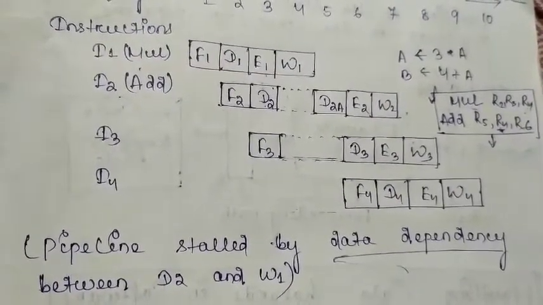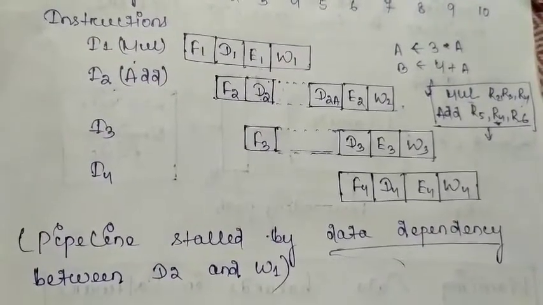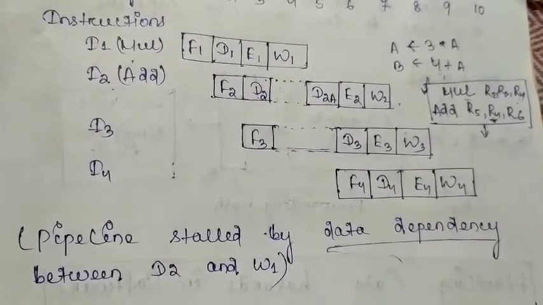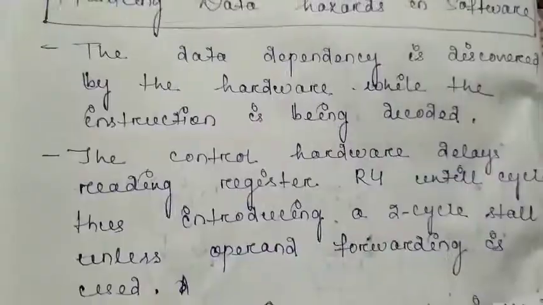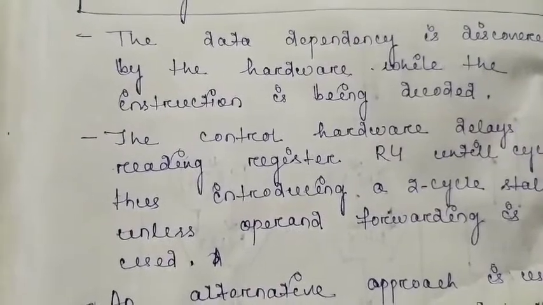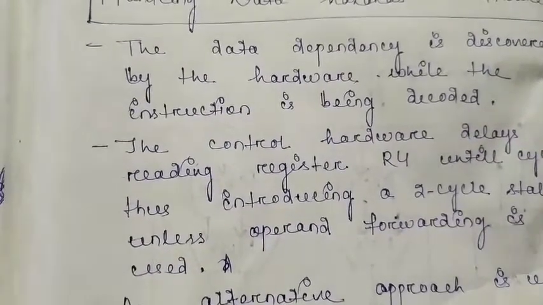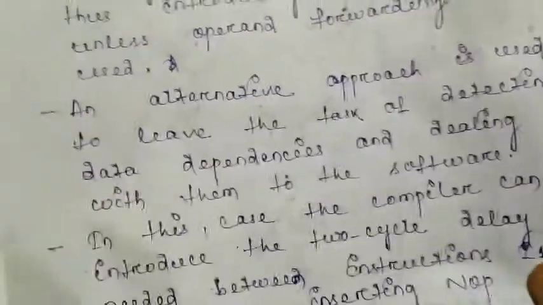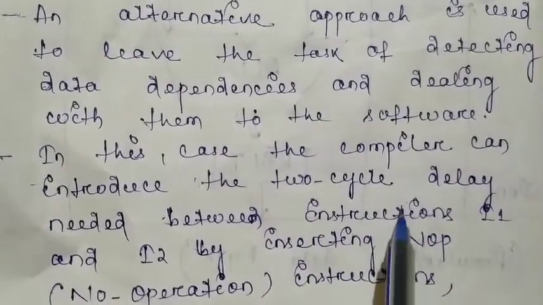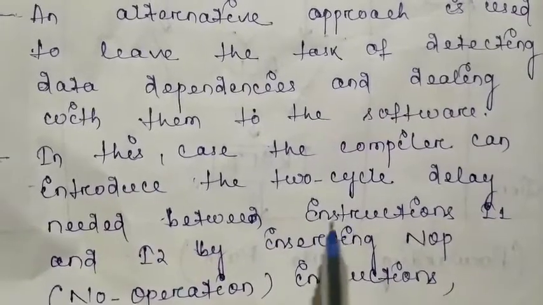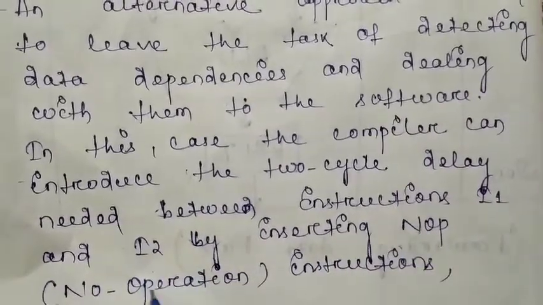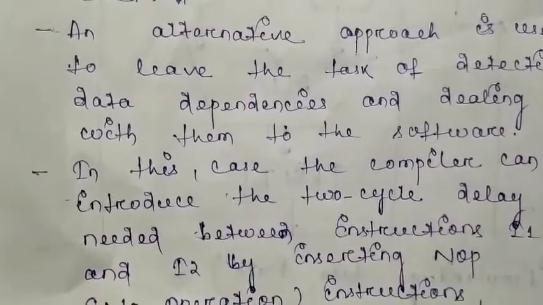In this case, the compiler introduces the 2-cycle delay needed between instructions I1 and I2 by inserting a NOP, no operation, instruction.